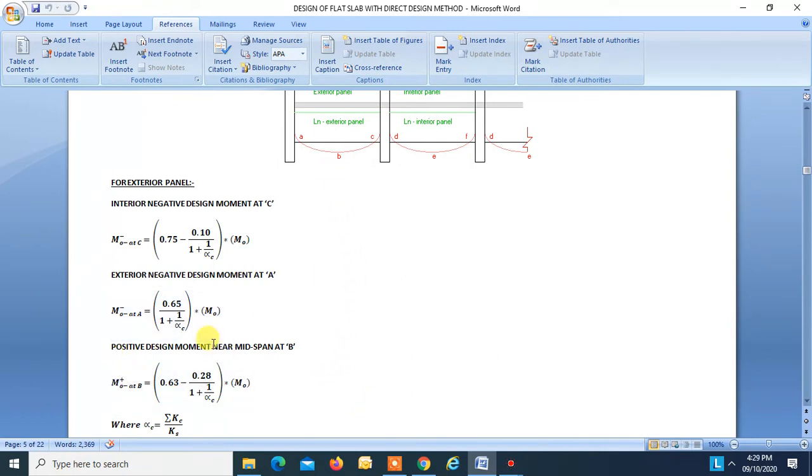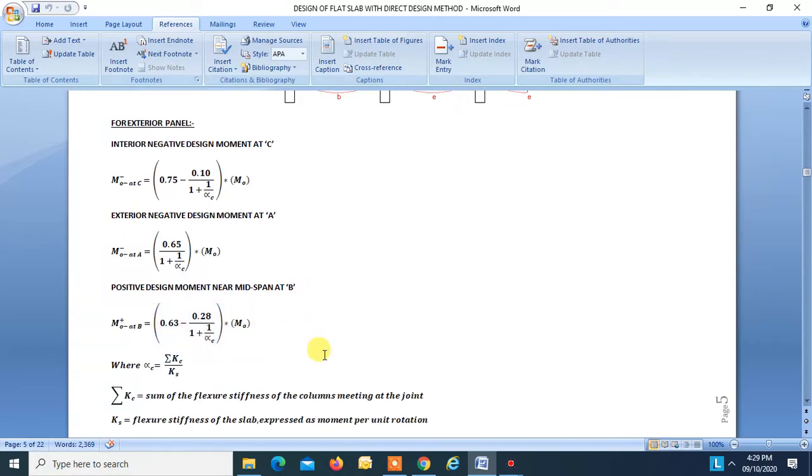Positive design moment near midspan at B. Okay. So here, this is given by this formula. Over here, alpha C. What is alpha C? Alpha C is sigma Kc divided by Ks. Kc is the sum of the stiffness of the columns meeting at the joint.